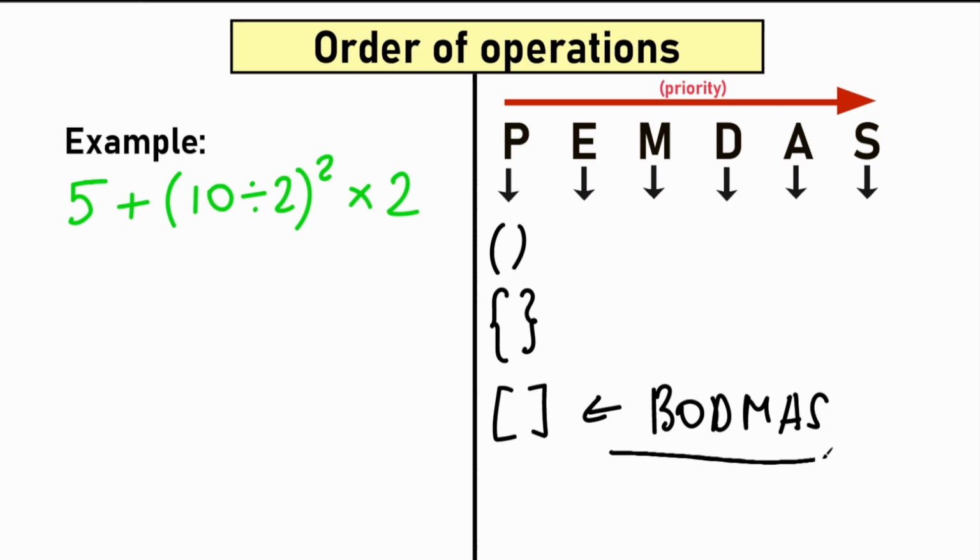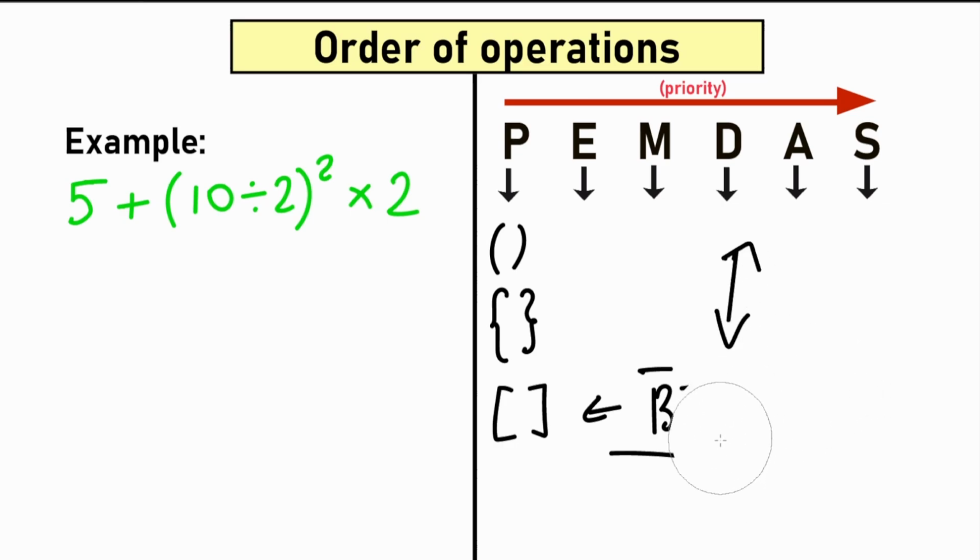BODMAS is mainly used in India and the UK. But at least this is absolutely the same thing, so there are no differences between them. So the order of operation for brackets, orders, division, multiplication, addition, subtraction is absolutely the same for both cases. So let me just erase this real quick, because I'm going to use the PEMDAS order of operation.